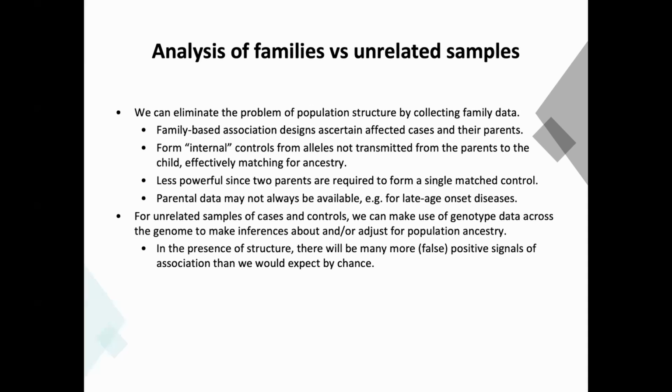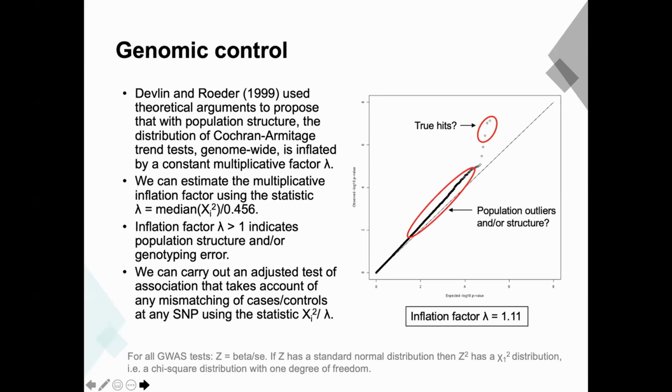So instead, we should try to use unrelated individuals and run genome-wide analysis and see if we can somehow correct for the population stratification. One way to adjust the association results would be using the genomic control method.